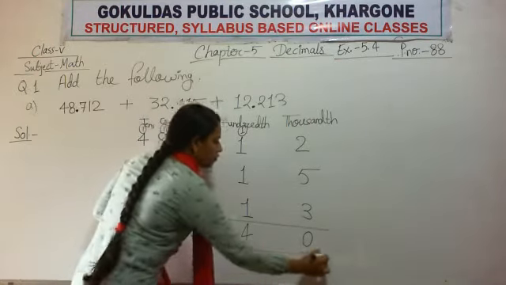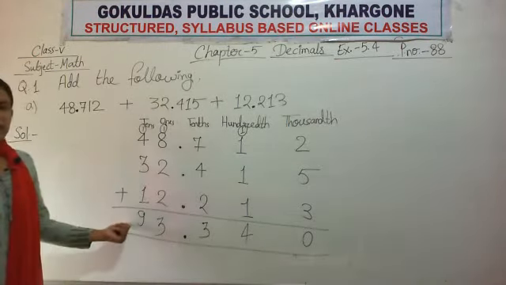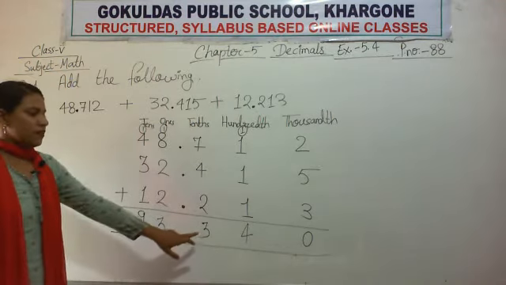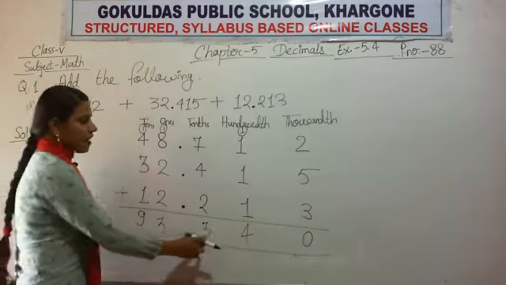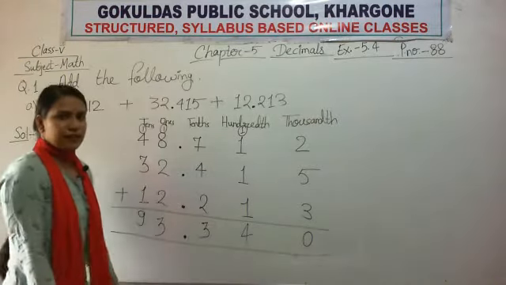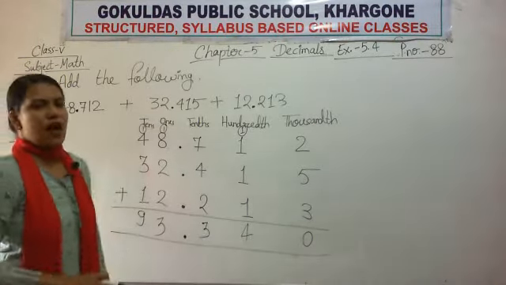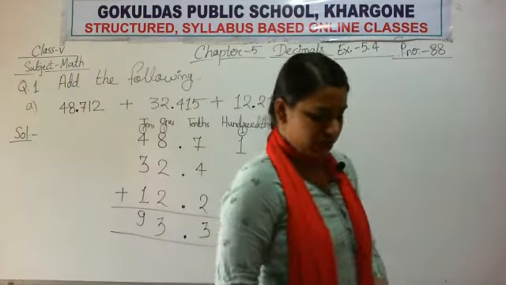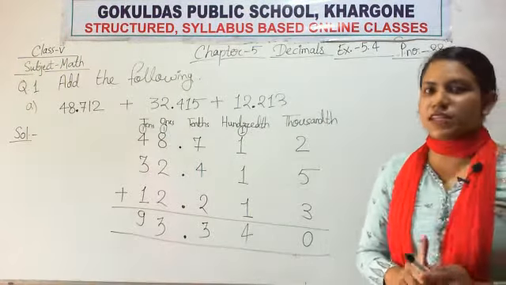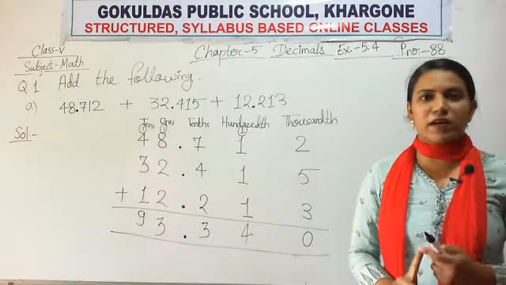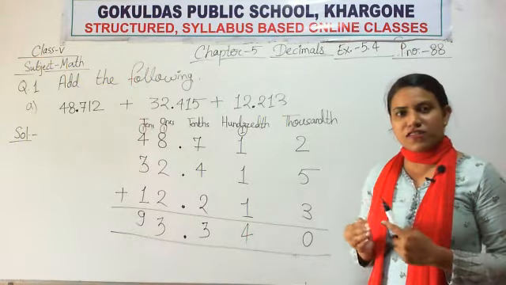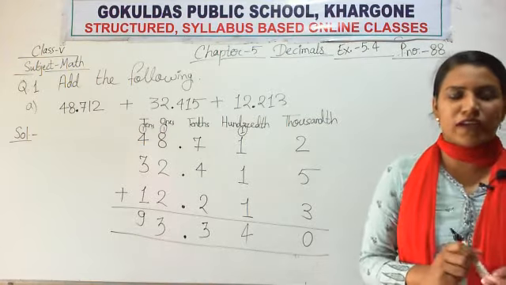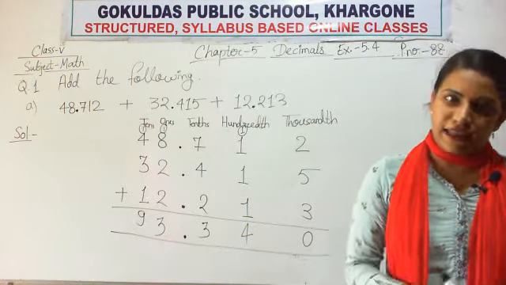So your final result is 93.340, in which 93 is written in the whole part and 340 is written in the decimal part. Okay, so this is how we add decimal numbers. What are the steps? First step is make all the given numbers like decimals, and then next step is arrange them column wise, according to their places, and then add.